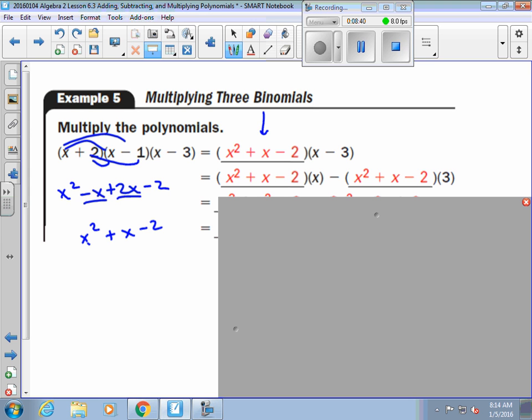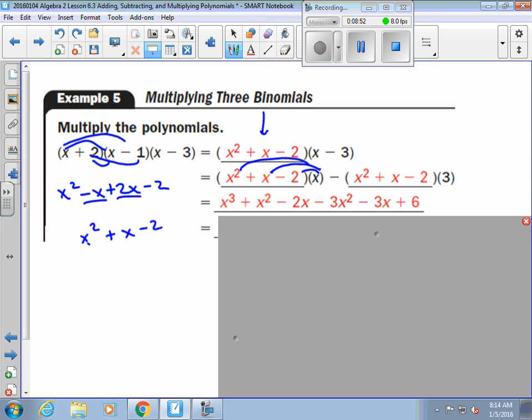X times this, this, and this. So x times x squared is x to the third, x times x is x squared, and x times negative 2 is negative 2x. That's what we have there. This one here, 3 times x squared is 3x squared, 3 times x is 3x, and 3 times negative 2. Notice it says positive 6 again, and this is where the confusion comes in with the positives and negatives.